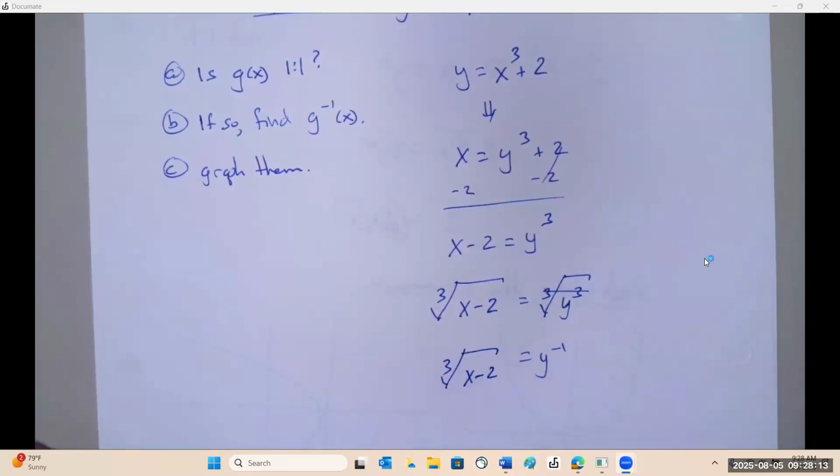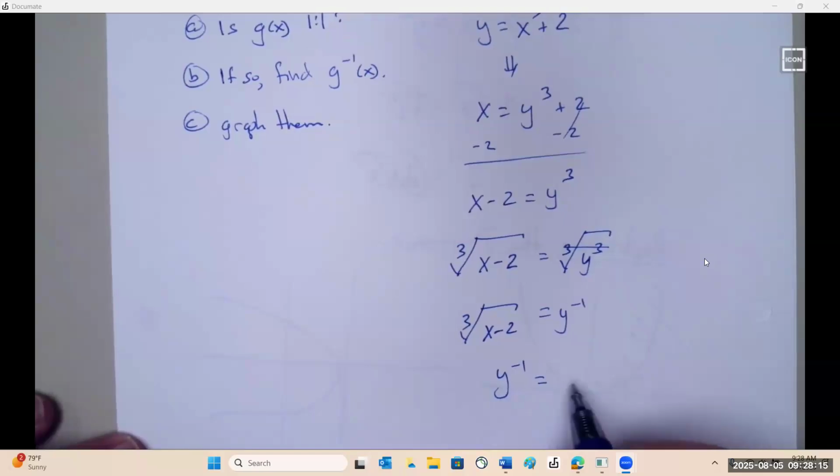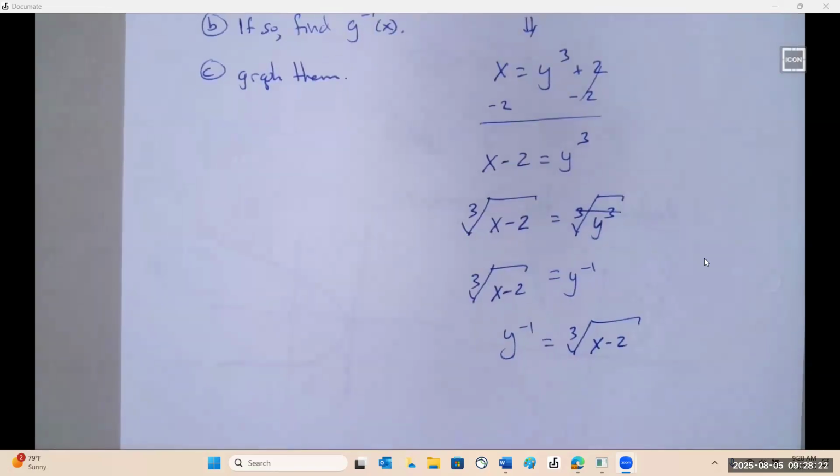So the inverse exists. Is it a function? What's the graph of it look like? In order to be a function, its graph has to be one-to-one as well.